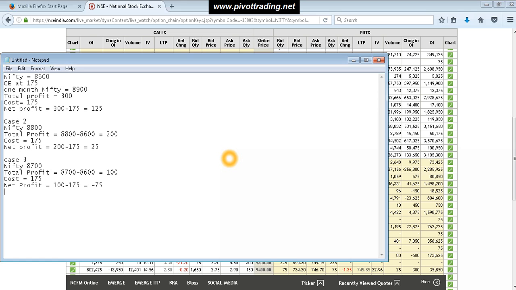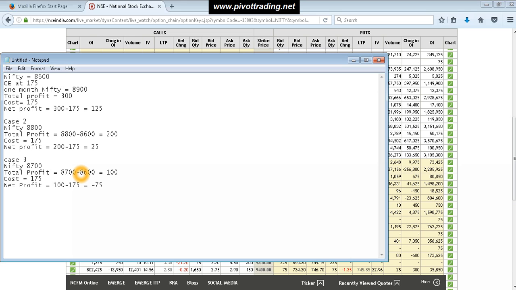Okay, so this is something you need to understand before you buy any call or put. You need to understand the break-even point. See, you bought the 8600 call at 175 rupees. But after 1 month, Nifty went from 8600 to 8700 only. So your estimation was correct, but not fully, and you could only make a profit of 100 points.